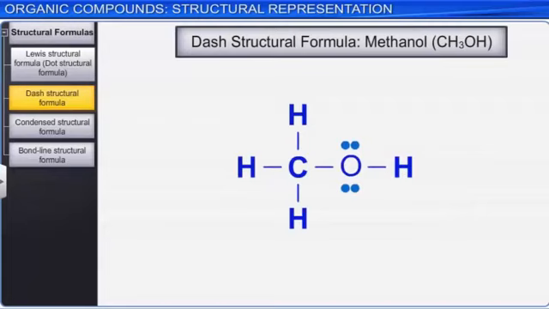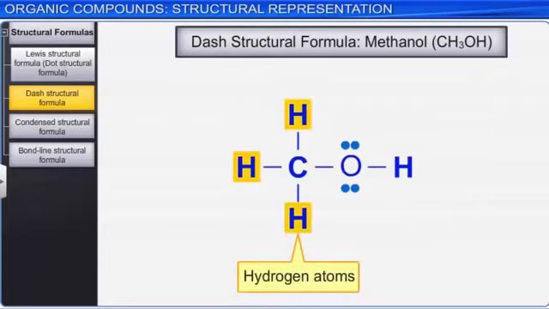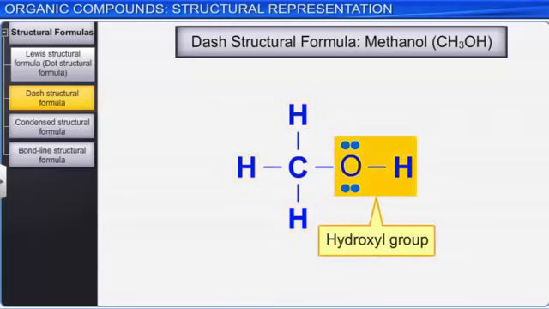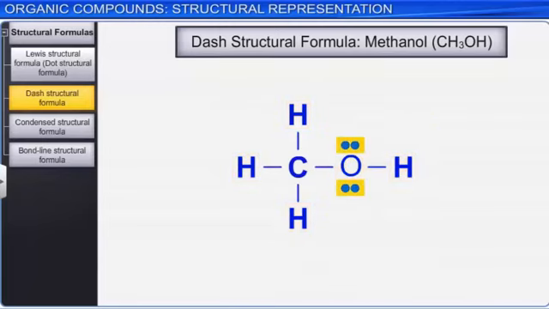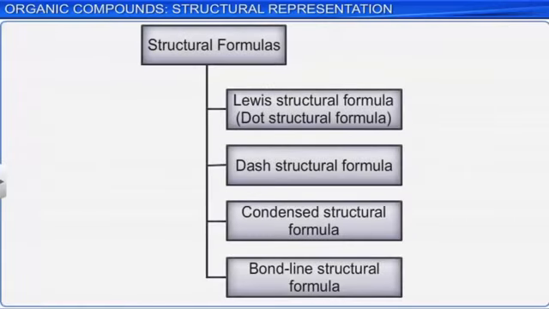In methanol, carbon is attached to 3 hydrogen atoms and 1 hydroxyl group. 2 lone pairs of electrons present on the oxygen atom of hydroxyl group are represented as shown here. Now, let's look at the condensed structural formula.